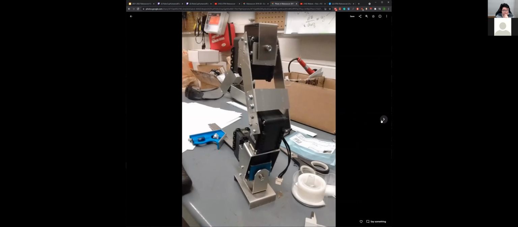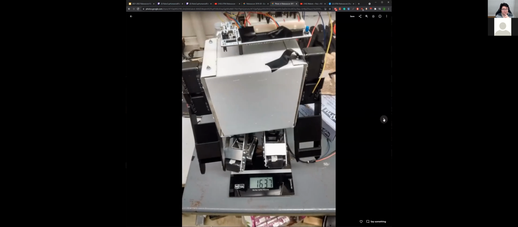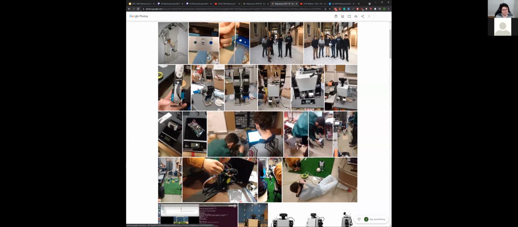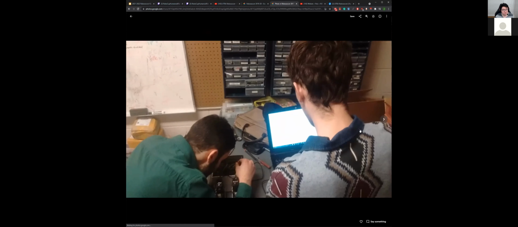Here are pictures of the first iteration robot, the first leg. Honestly, I'm surprised how well they cut it. Because I remember first year when I was cutting stainless steel, it looked like a dog bit off the edge or something.